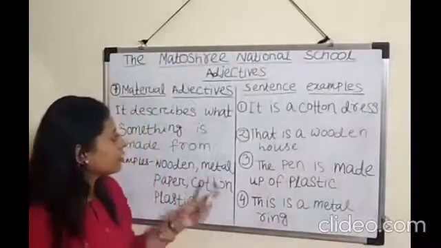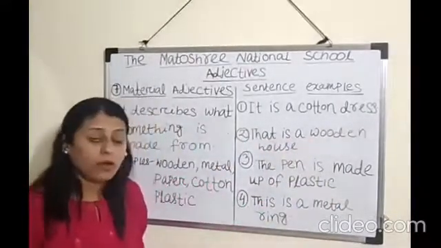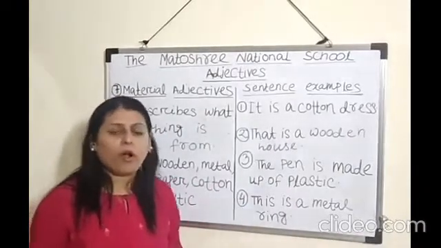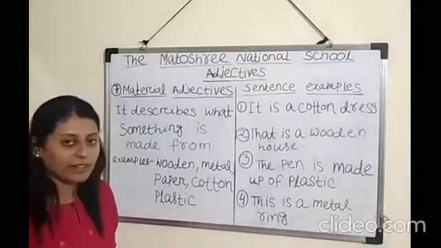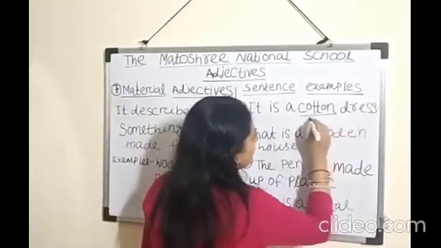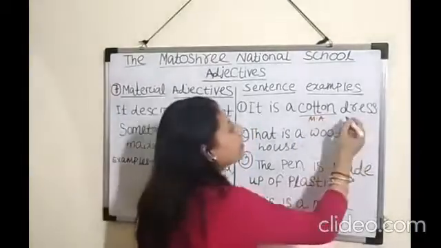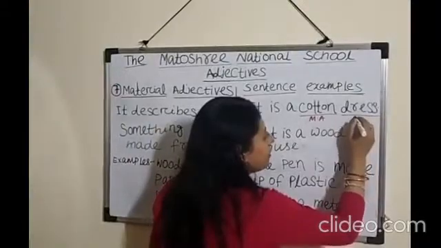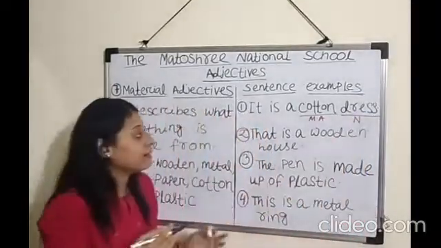First, it is a cotton dress. I am wearing a cotton dress. So here, cotton is a material adjective, and dress is a noun. It describes what type of material the dress is.